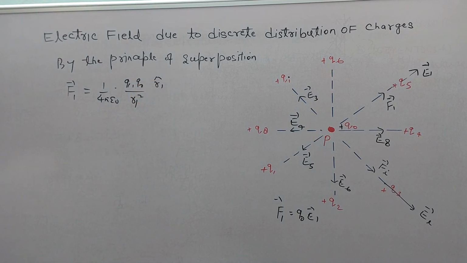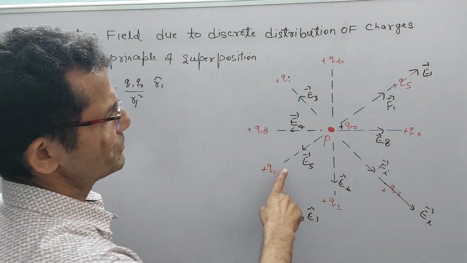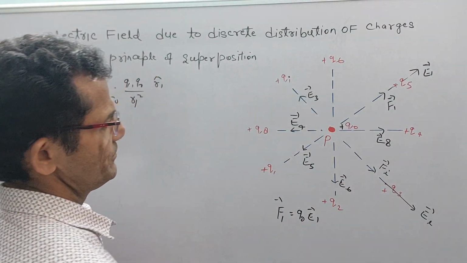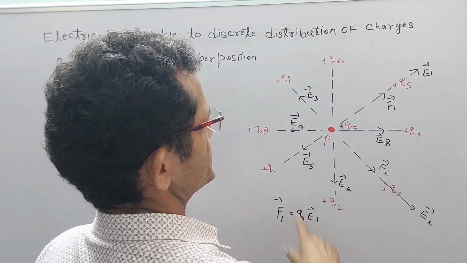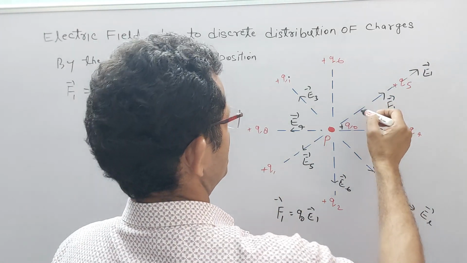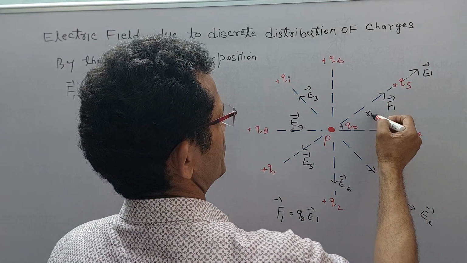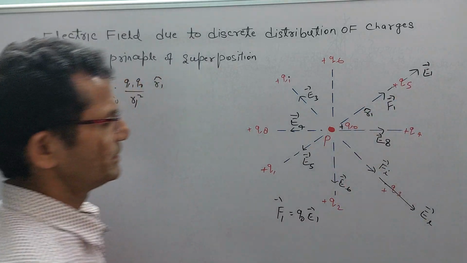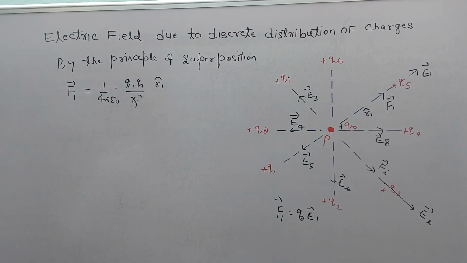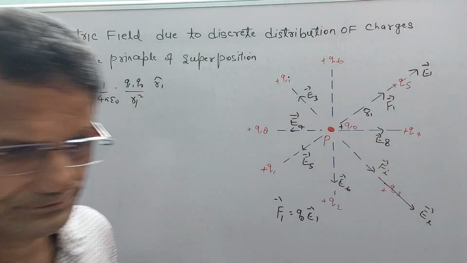Here R1 is the distance between Q1 and Q naught, and the direction of the force will be along this one, so we represent it by R1 cap.